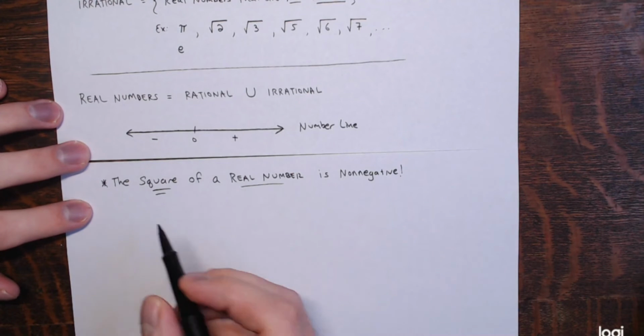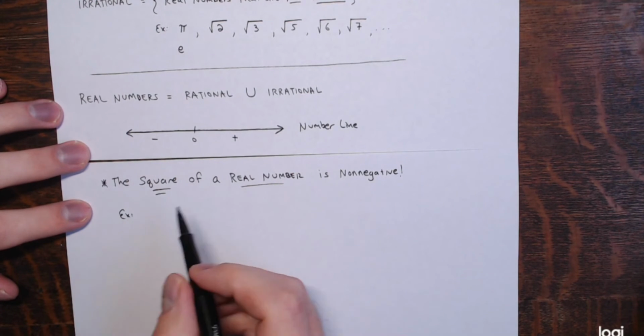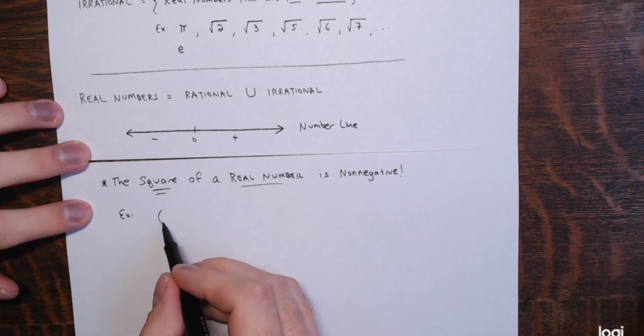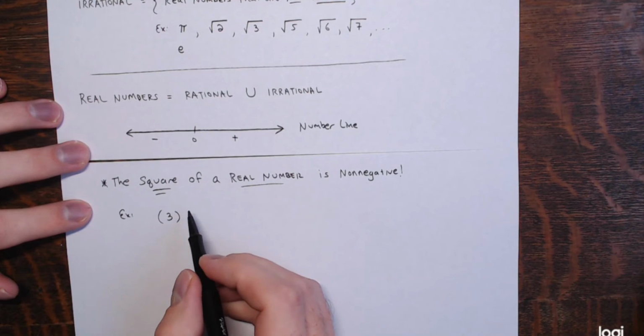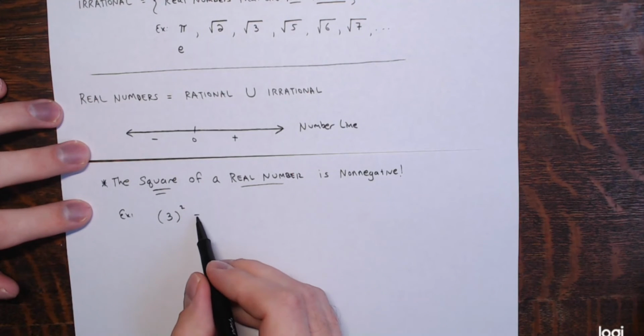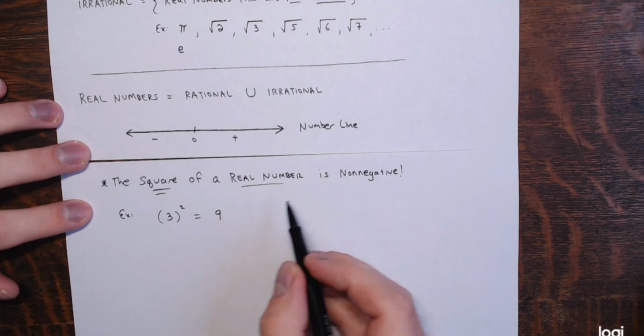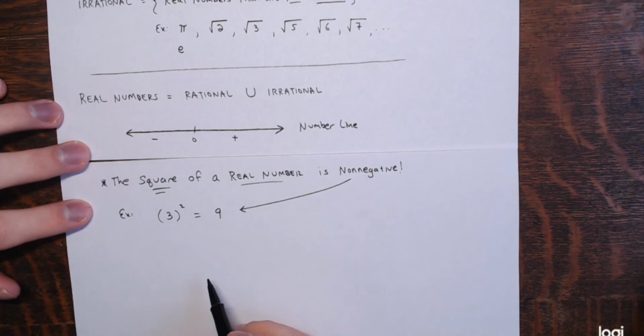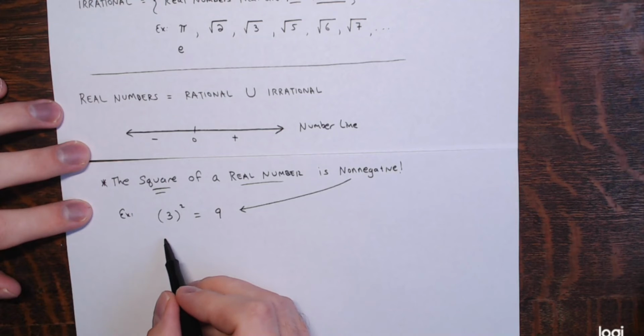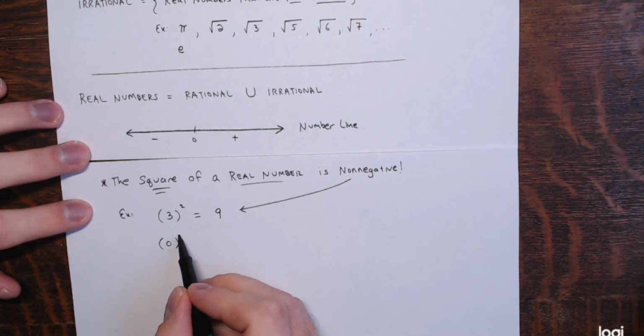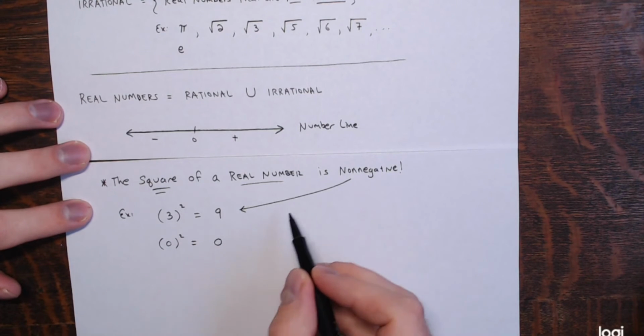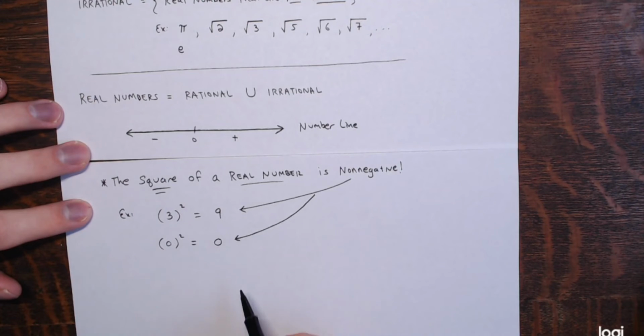For example, take any positive number, like 3, and square it. 3 times 3 is 9, non-negative. 0 squared is just 0. That's non-negative. Take any negative number, right?